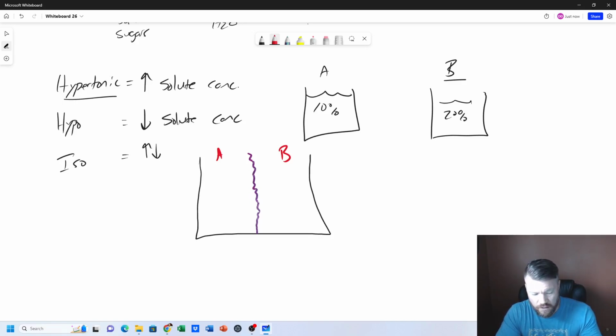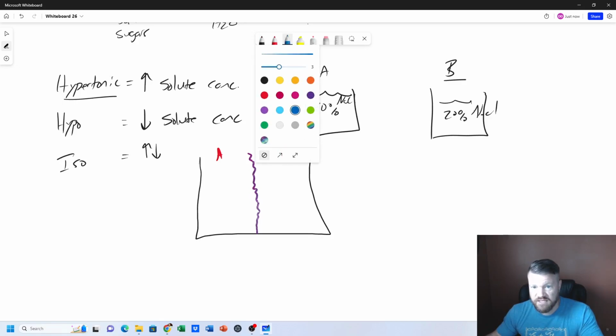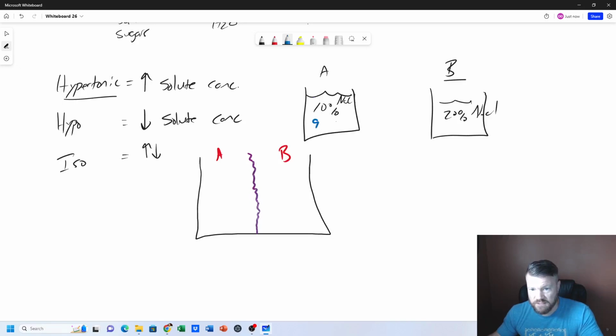Well, what you have to remember about movements of substances is they're going to move down their own concentration gradient, right? So up here, when I defined my solutions, I said 10% salt and 20% salt. Well, what that means then is, if it's 10% salt, then it's 90% water.